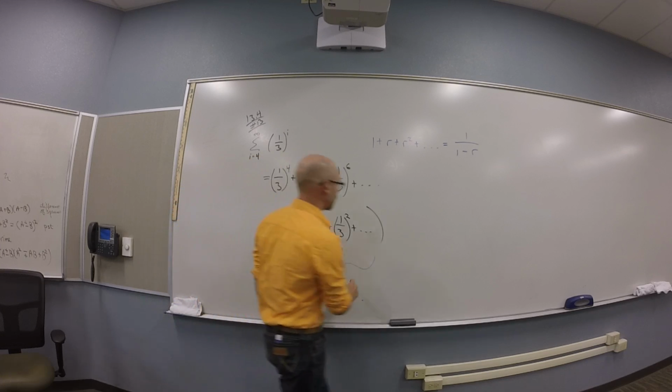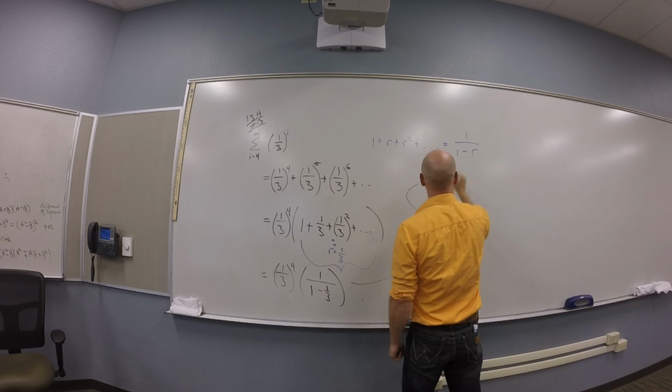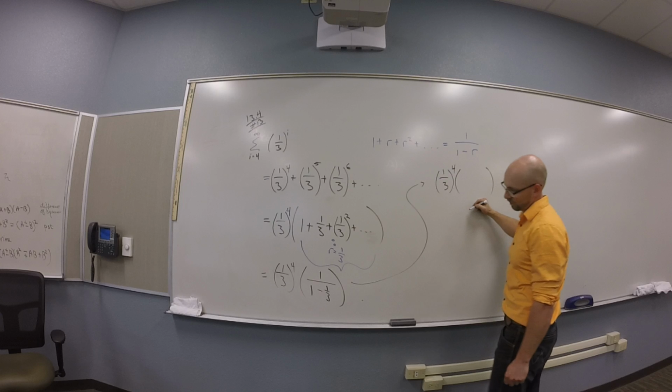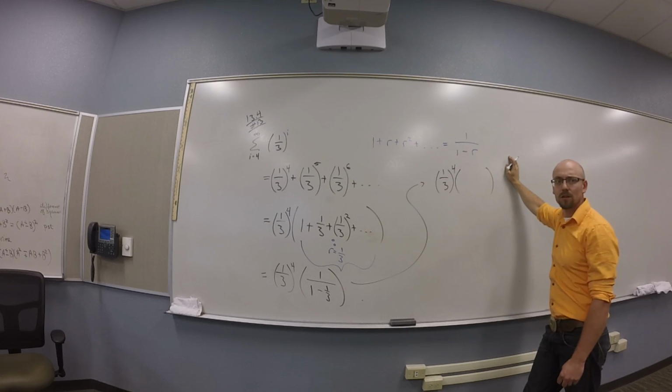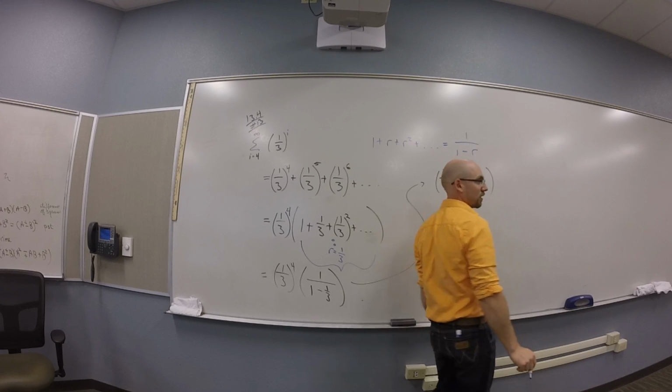Which then you could simplify into 1 over 1/3 to the 4th times what? What's 1 minus 1/3? 2/3. So in here goes a 3/2.